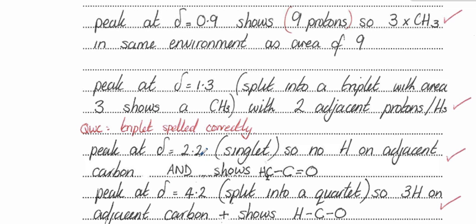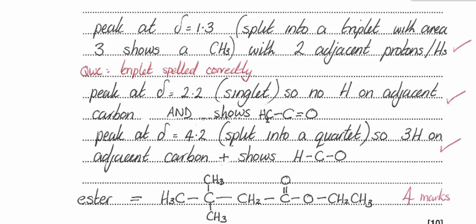Then you've got the peak at 2.2, which is a singlet, so no adjacent hydrogens, and you've got a CH2 next to C double bond O, as I drew on the spectra earlier on. Then you've got a peak at 4.2, split into a quartet, so 3 H's on the adjacent carbon, showing an H pointing to a CO. So that's how I'd write it all out.